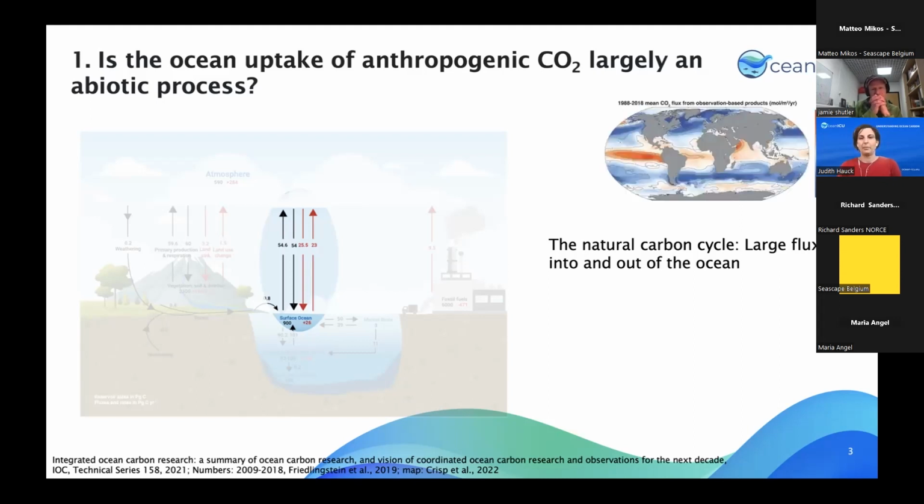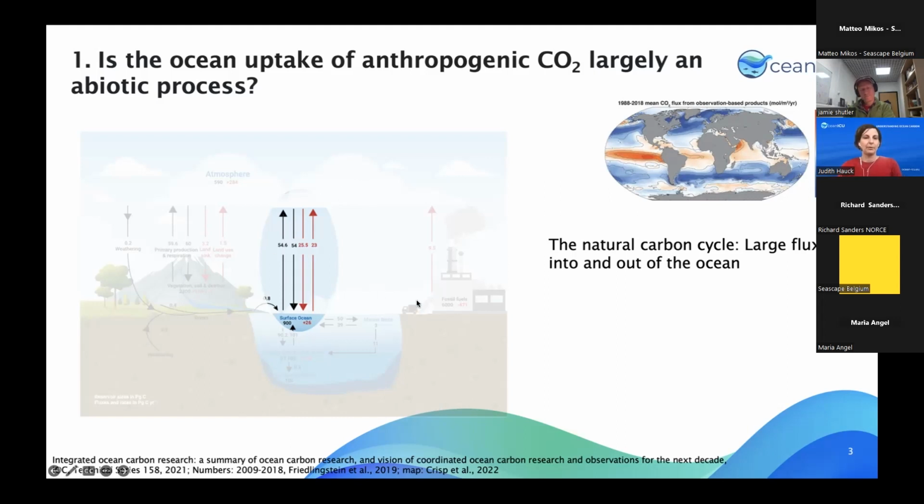Now the red numbers are the anthropogenic carbon uptake, and what the figure at the top also shows is that we know the ocean as a total takes up anthropogenic carbon, but actually the total fluxes can go into and out of the ocean in different regions. So it's not that the ocean everywhere takes up carbon, but there are regions of uptake and regions of outgassing.